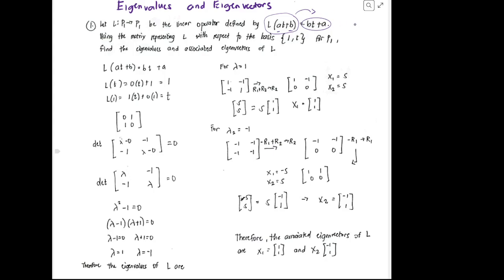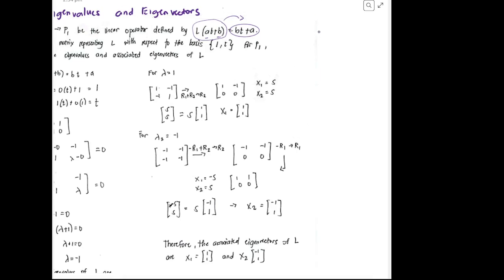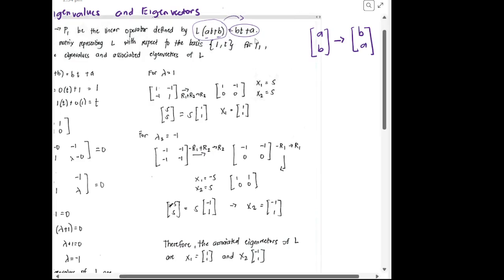That means if we have ab from our original, it will transform into ba. Because as you notice in the transformation, there is interchanging of the coefficients a and b.